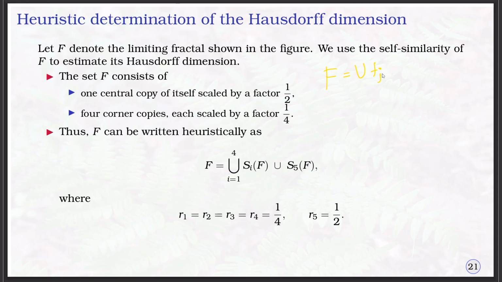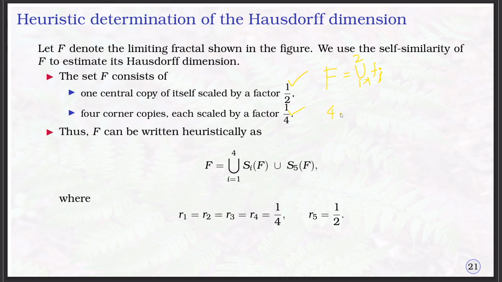So, here we are using two different similarity mappings, one with the ratio 1 by 2, another with the ratio 1 by 4. So, one central copy of itself scaled by 1 by 2, and 4 corner copies each scaled by the factor 1 by 4.